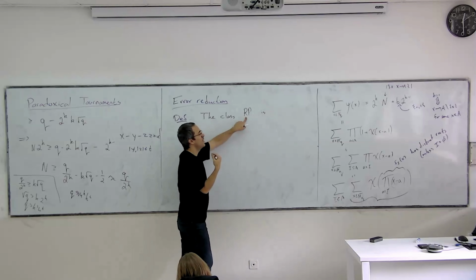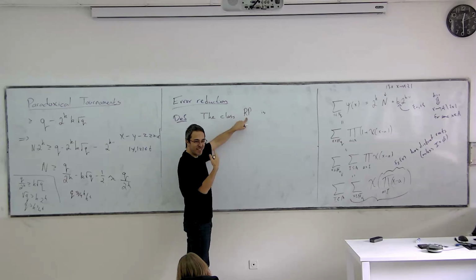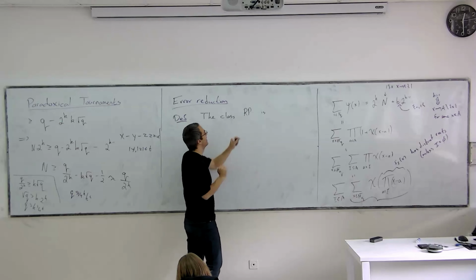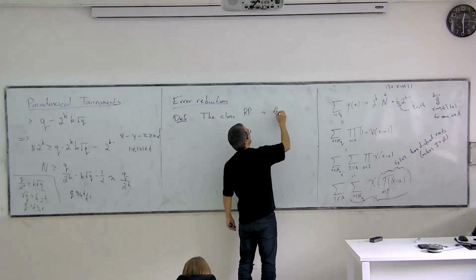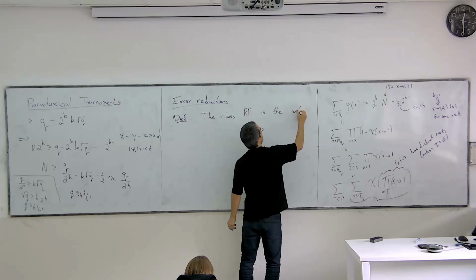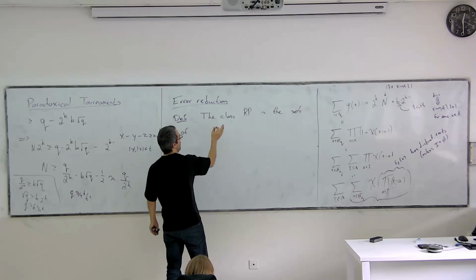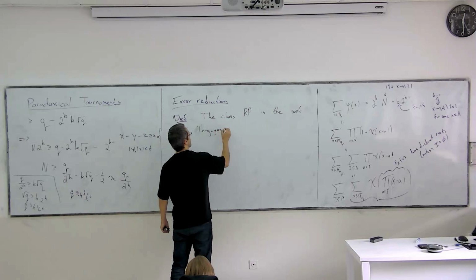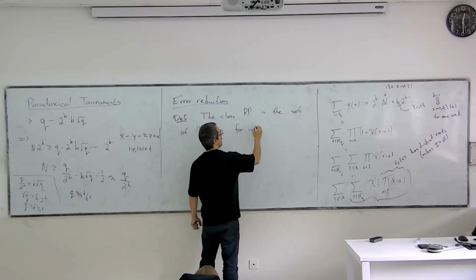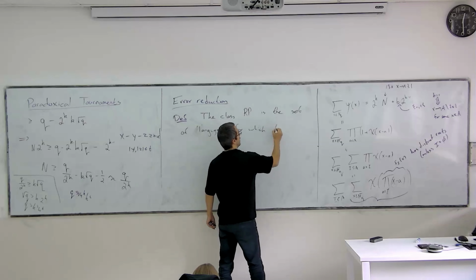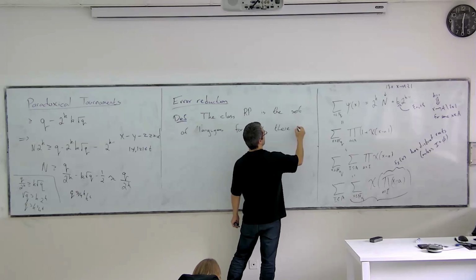RP is the class of languages for which there exists a polynomial time algorithm.